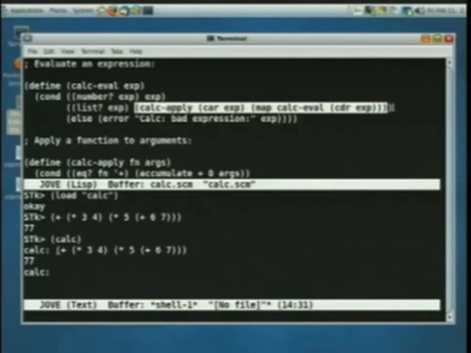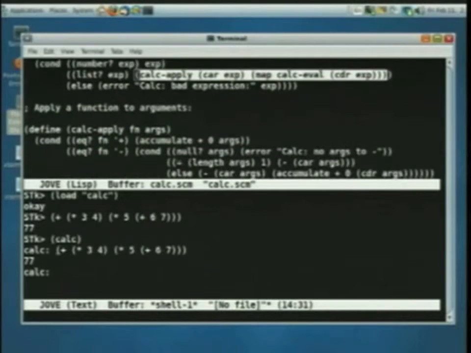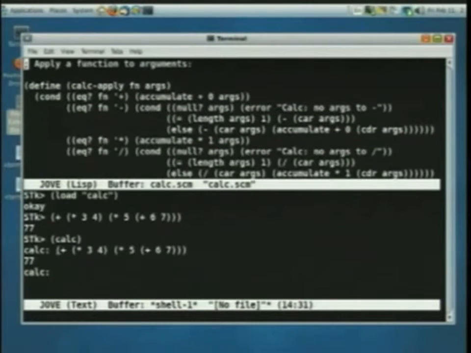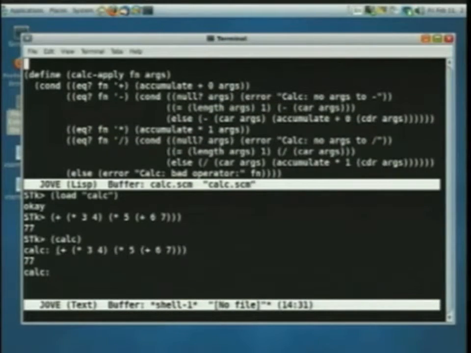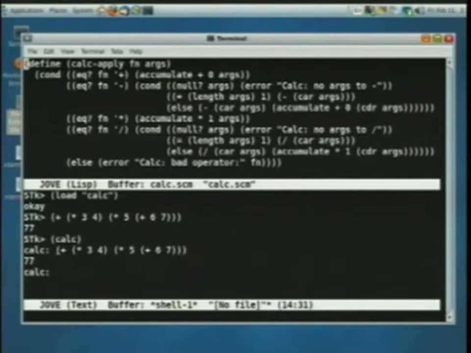Even if there's only one argument or no arguments, it's always a list. And that's so that it has a uniform definition. So function, arguments. And in the definition of calc-apply down here, you see that it takes function and arguments as its arguments.